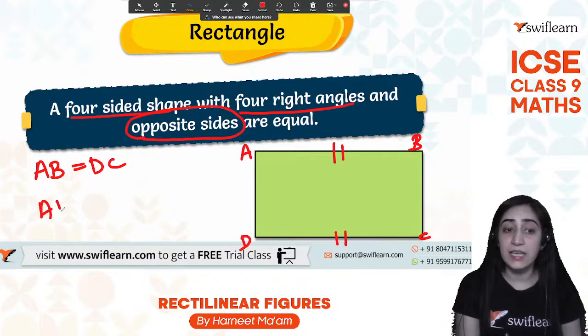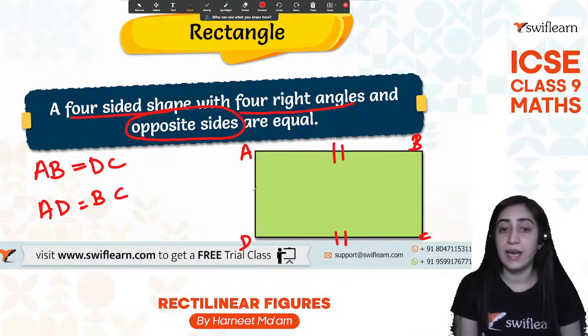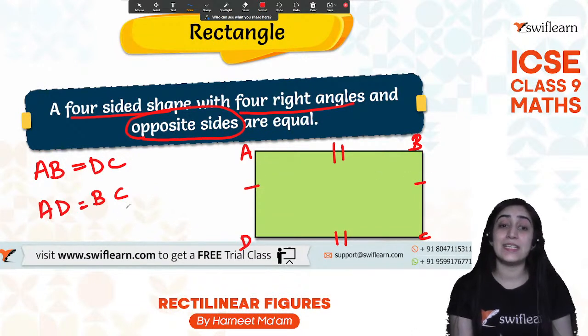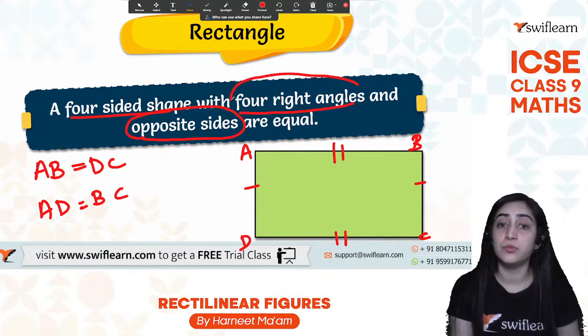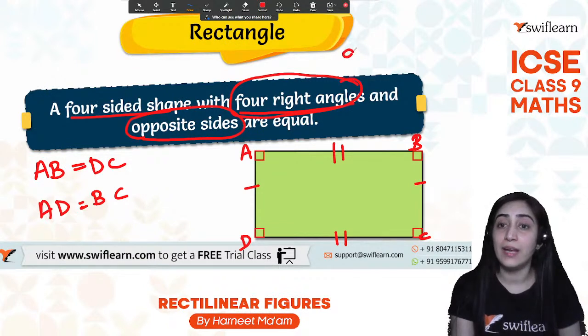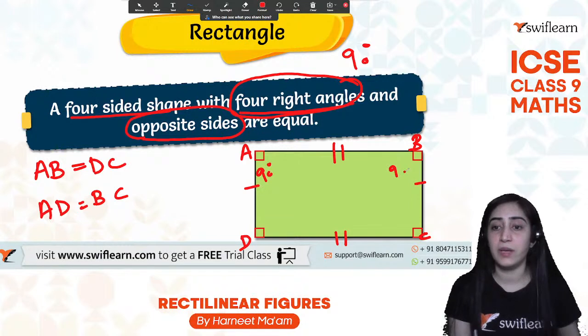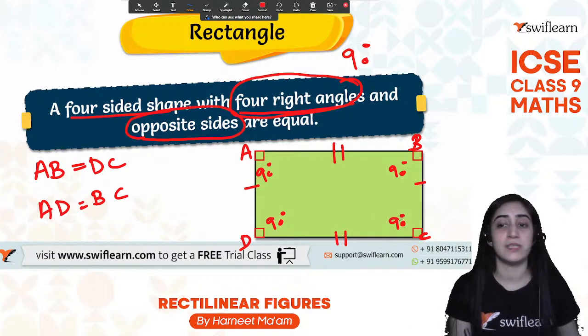Second, AD will be equal to BC. And the third thing is that all the angles will be equal to 90 degrees: this is 90 degrees, this is 90 degrees, this is 90 degrees, and this is 90 degrees.